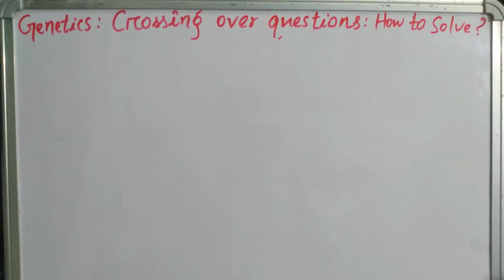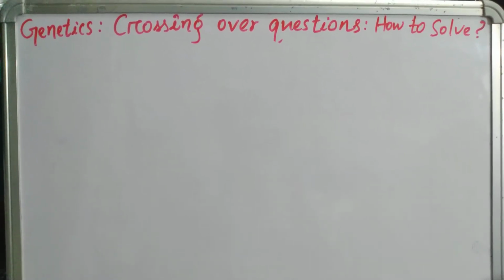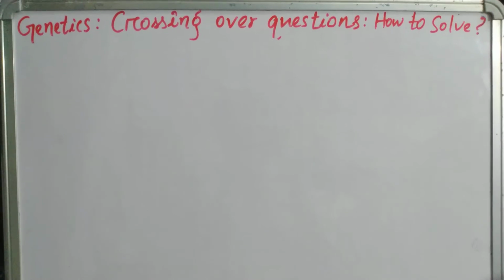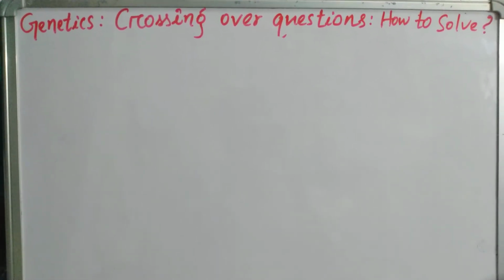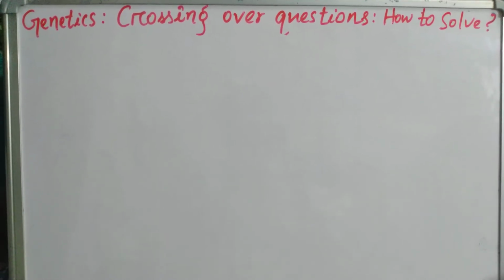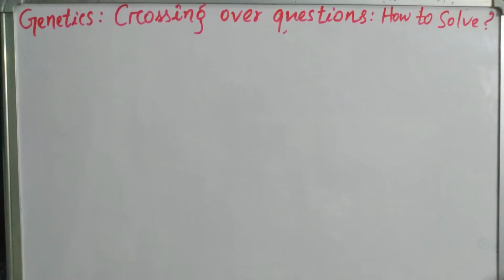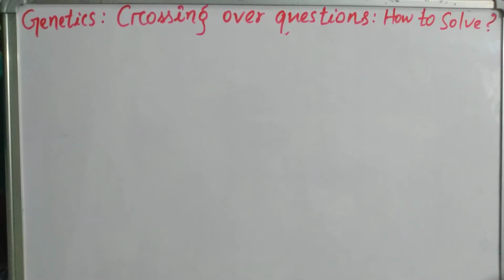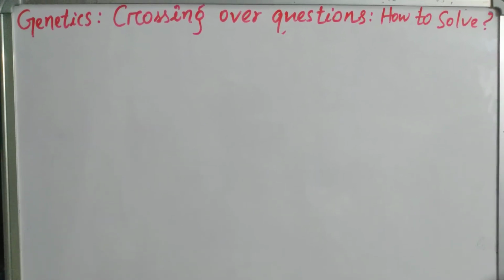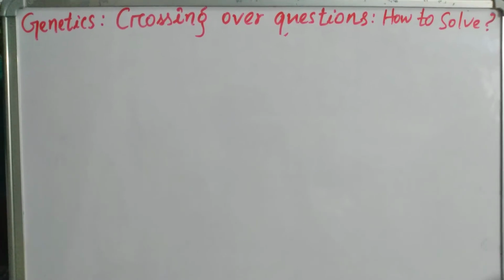This type of question is generally important for CSIR JRF in life science. It's very easy, there is no need to bother about it. You just need to know some little tricks to solve these questions, and today we are going to learn that.